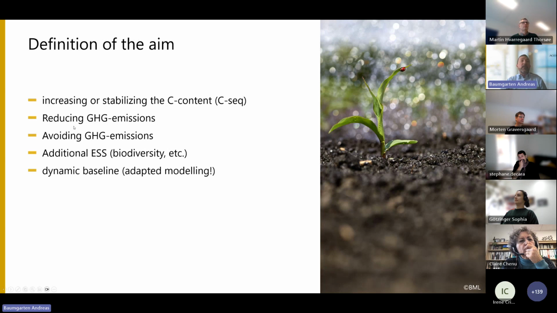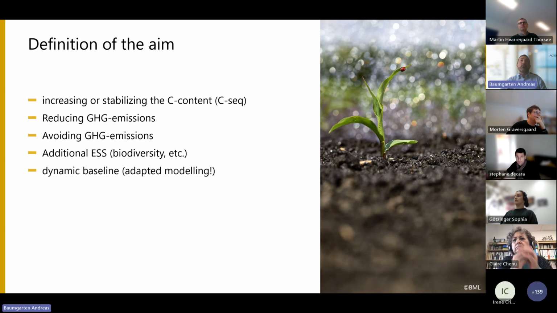Of course, the general reduction of the greenhouse gas emissions is one major topic. Irene has mentioned it just a few minutes ago, or even the avoidance of the greenhouse gas emissions. And of course, some of the additional ecosystem services could also be part of this scheme.